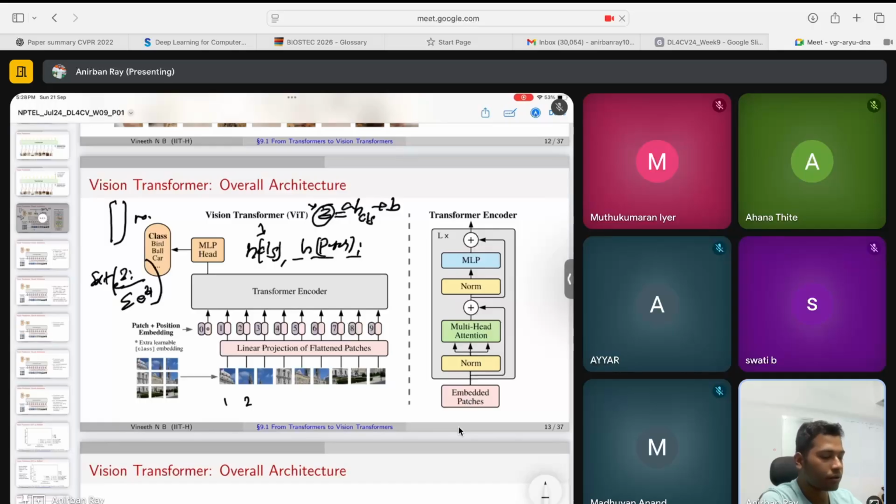This is what we call softmax. Softmax can be taken as a probability, so we get the class with the highest probability of occurrence. So this is what we do here.